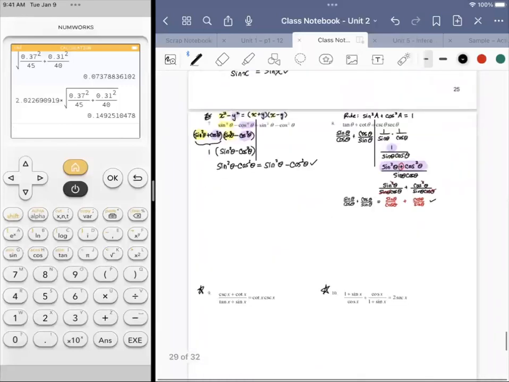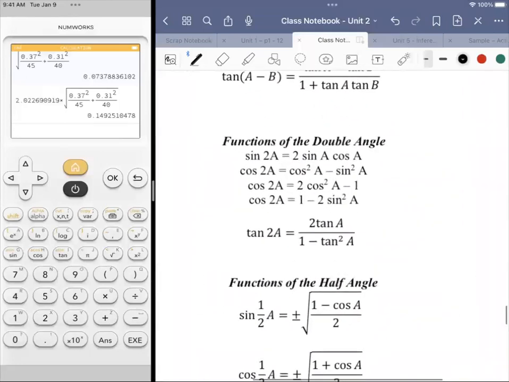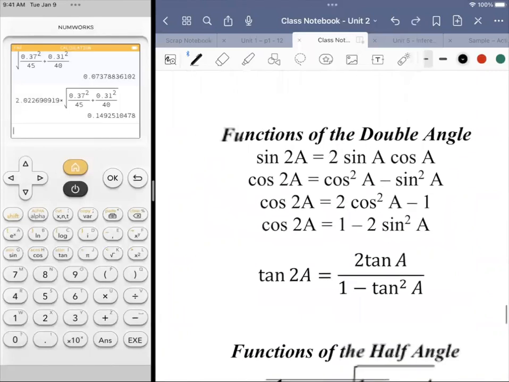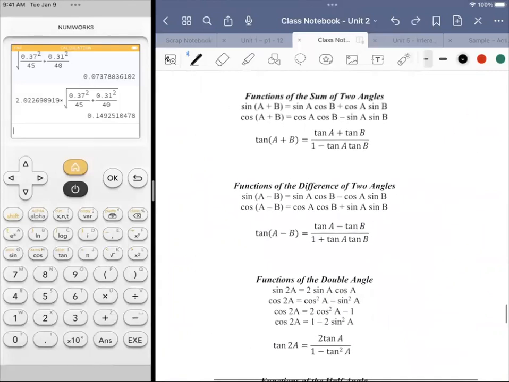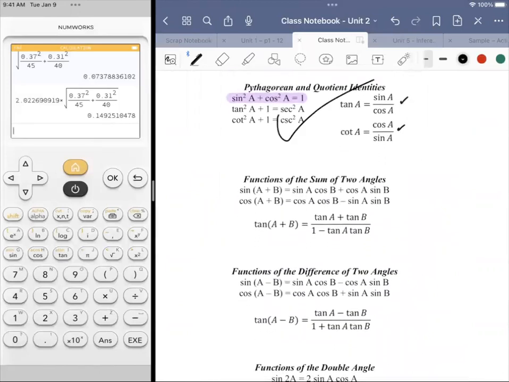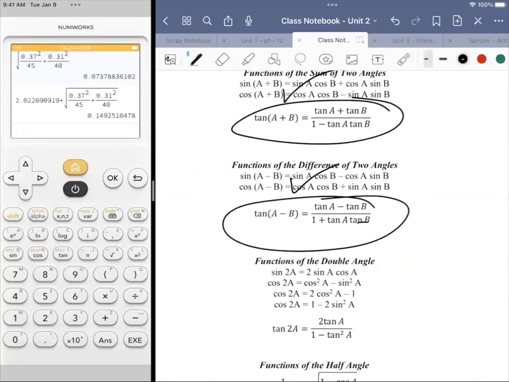And I'll just show you. It's on page, like I said, it's on page 23. Functions of the double angle right here. All right, 2 tan a over 1 minus tan squared a. So we've actually tackled, and if you look at it, we did all of this last time. We just tackled these two rules and these two rules. We have yet to really dive into these, but now we've tackled this one and this one.